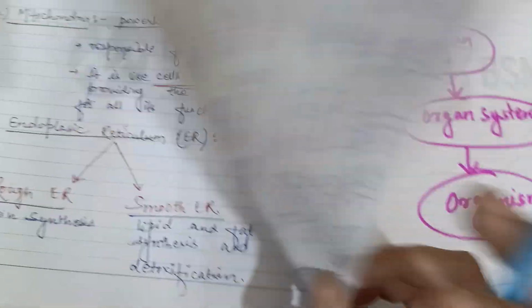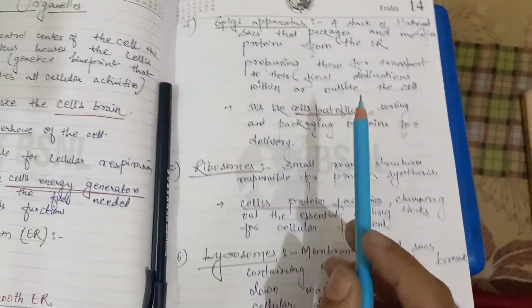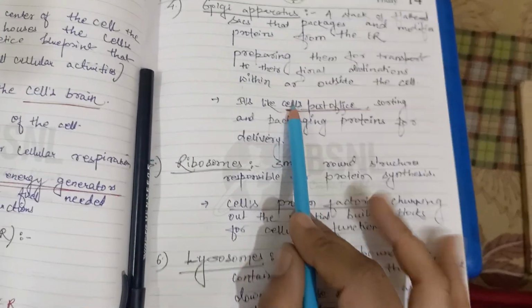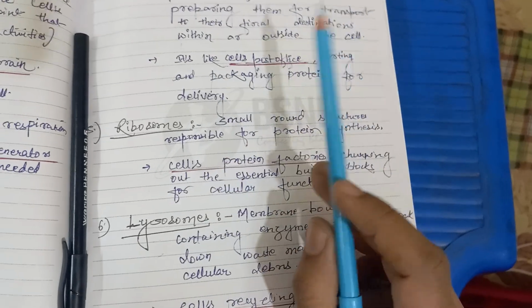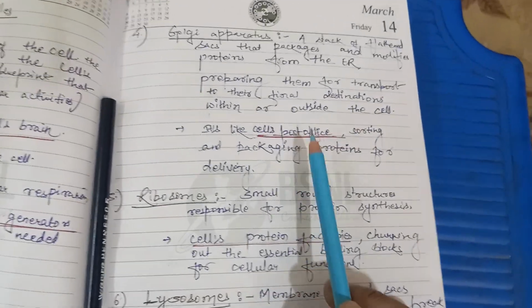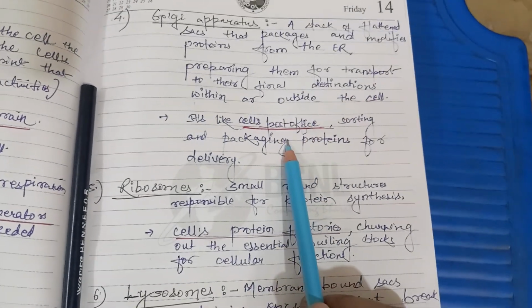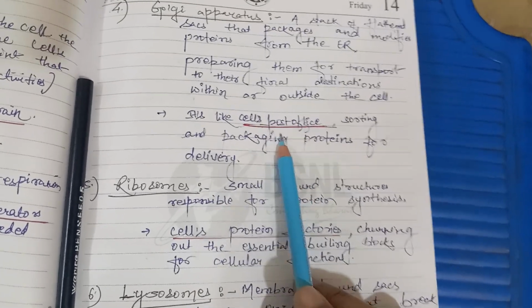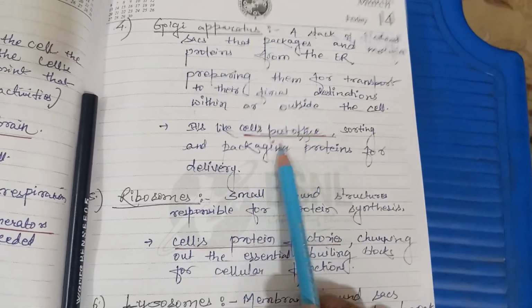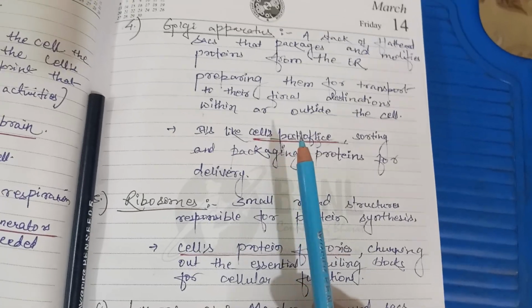If you make an analogy, it is like the post office of the animal cell. It will sort and pack the protein and make it ready for delivery.